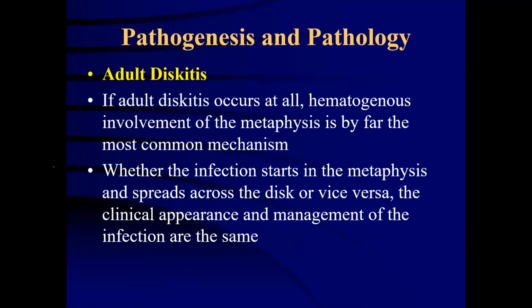If adult discitis occurs at all, hematogenous involvement of the metaphysis is by far the most common mechanism, whether the infection starts in the metaphysis and spreads across the disc or vice versa. The clinical appearance and management of infection are the same.